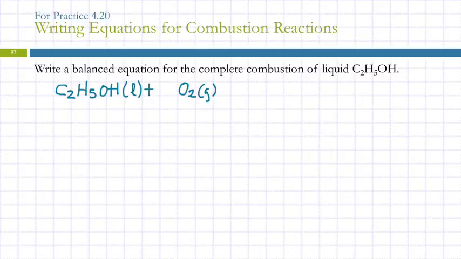It doesn't say anything about temperature. We're going to assume room temperature. Oxygen is a gas at room temperature. You have to get this reaction started with a spark or a flame, and then it burns.